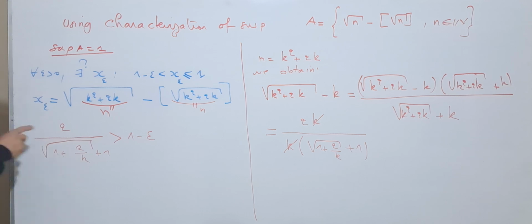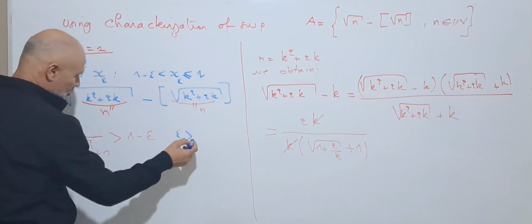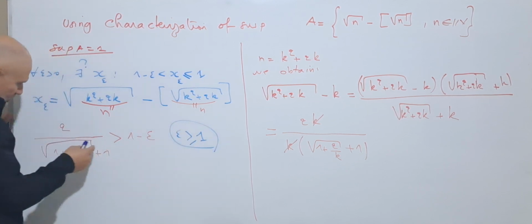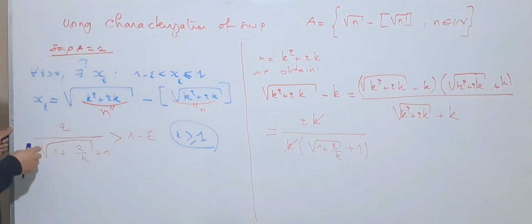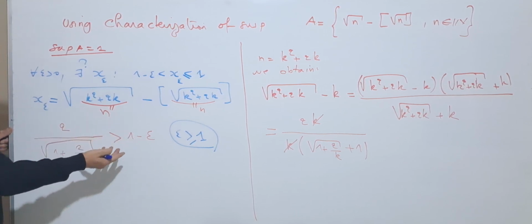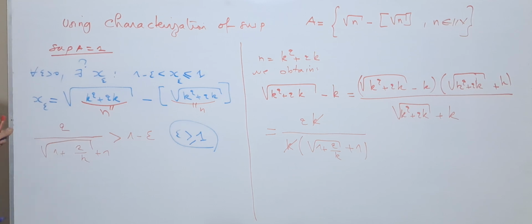If epsilon is greater than or equal to 1, this is true. Why? Because we get a positive real number, which is naturally greater than 0 or negative numbers.